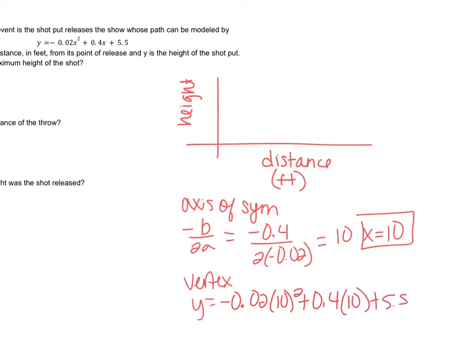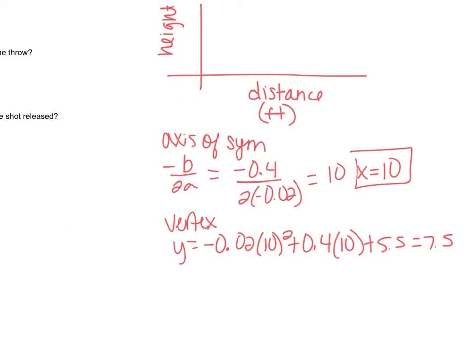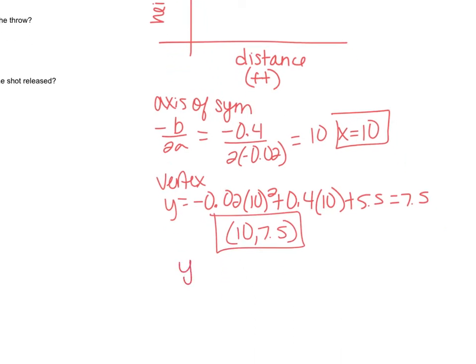Stick that in a calculator. Okay, and we get 7.5. All right, so then our vertex for this problem is 10, 7.5. And the next thing we're going to find is the y-intercept. So the y-intercept on this is 0, c, so 0, 5.5.